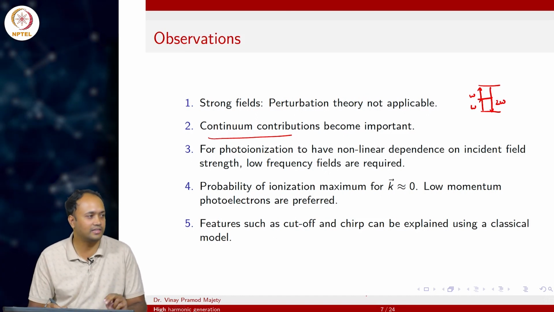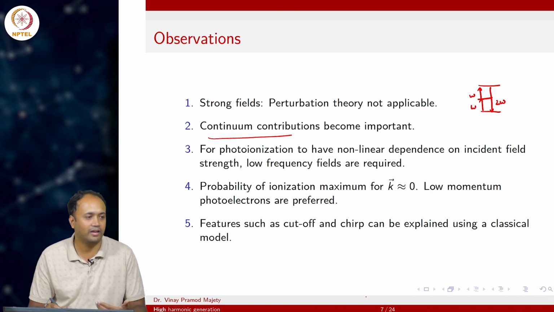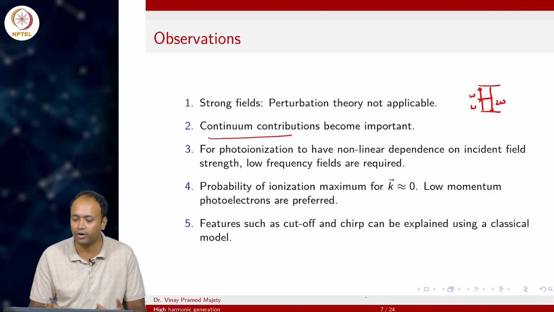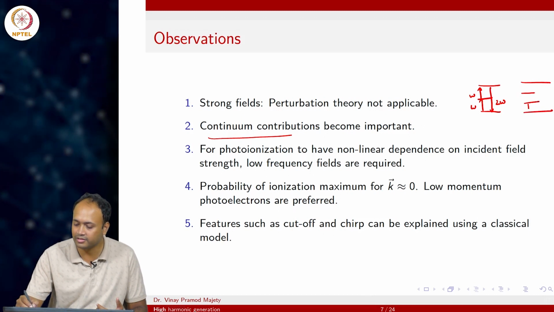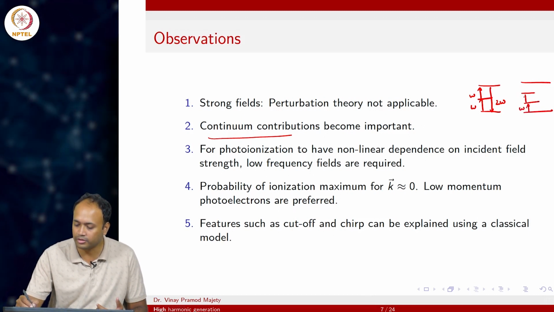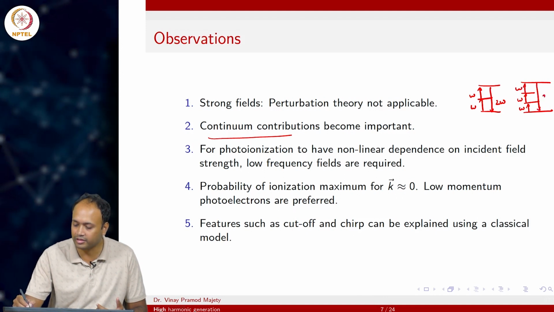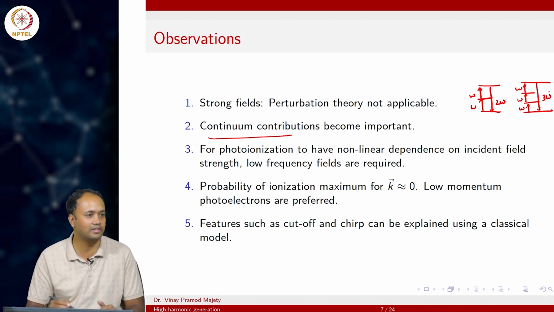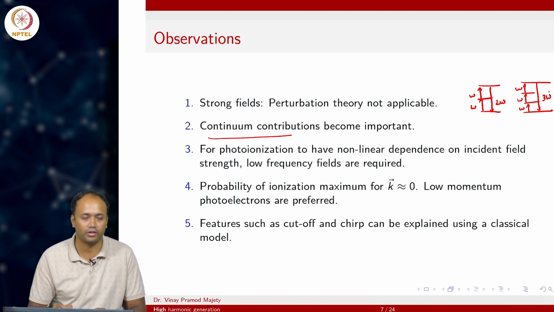So I need a second order process to see a second harmonic. In the same way, although I did not discuss it, if I want third harmonic generation, then I would need 3 levels and absorption of 3 photons, and then an emission of a joint energy of 3 omega to generate a 3 omega photon.